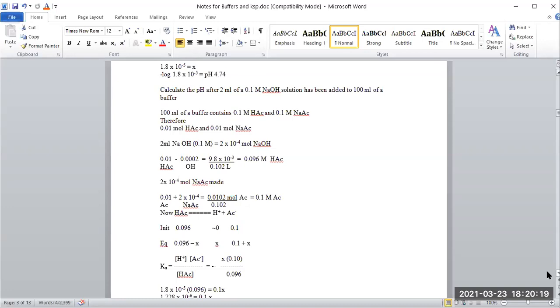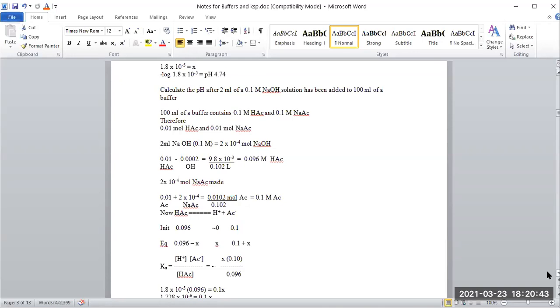But Le Chatelier still works. Because I used up a little acetic acid, it also makes a little sodium acetate. It makes the amount that matches the sodium hydroxide I added.